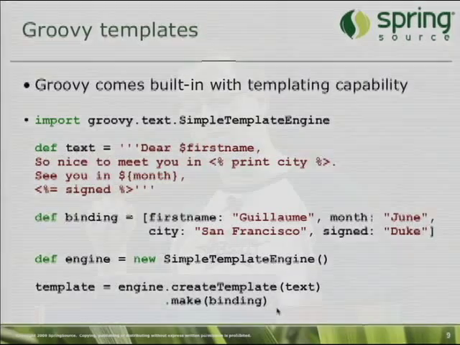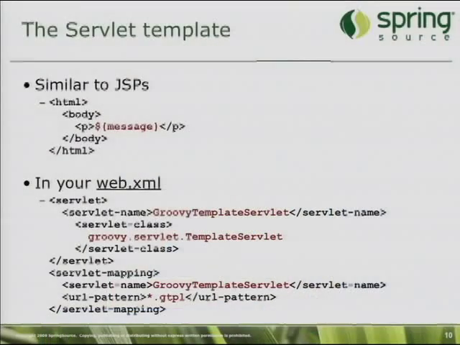So we created the Groovlets concept, and thanks to the Groovy templates, we also created a special servlet which takes templates as input. So instead of using the markup builder, you can define some HTML and use things like $message and so on.